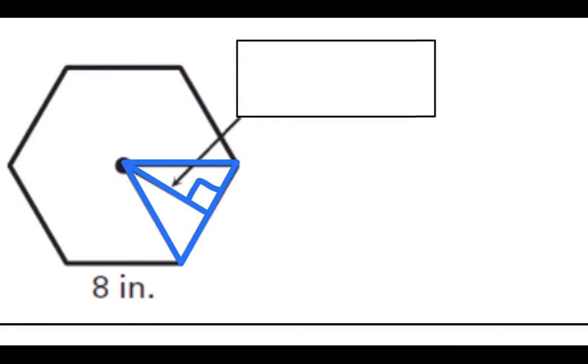It's a regular hexagon, so 360 divided by 6 would be 60 degrees. That's this angle measure. Cut that in half, 30 degrees.